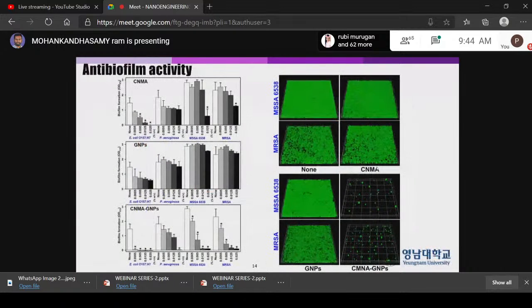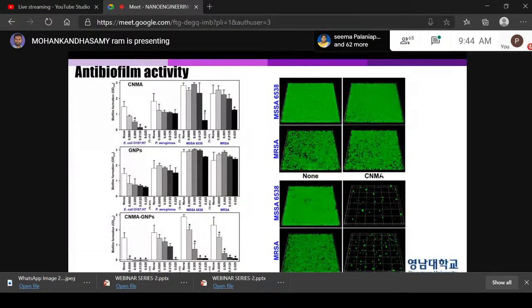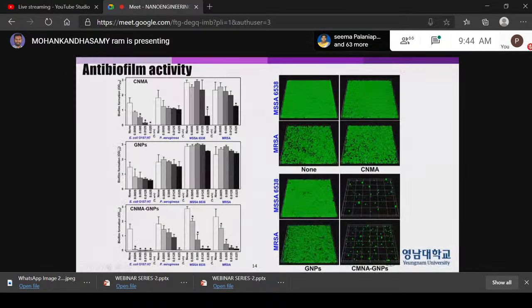Those nanoparticles were used against different bacteria. You can see from this figure, starting from E. coli, P. aeruginosa, methicillin-resistant Staphylococcus aureus. These are the different strains we used against different concentrations of our produced nanoparticles, with cinnamaldehyde as a control and gold nanoparticles produced by just a chemical method as another control.